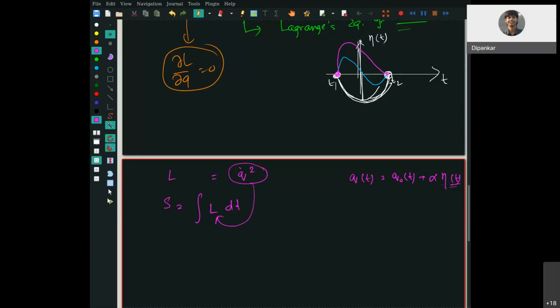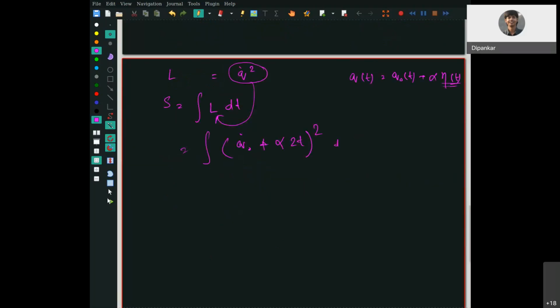So it depends on what you choose for q of t. In one case, you would be integrating say q0 dot plus alpha times 2t, whole square, because the derivative of t square is 2t. And in another case, you would be doing integration of q0 dot plus alpha times 3t square, whole square dt.